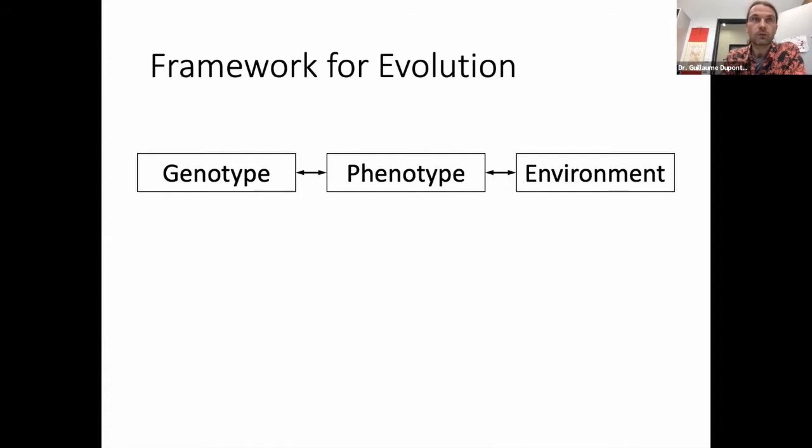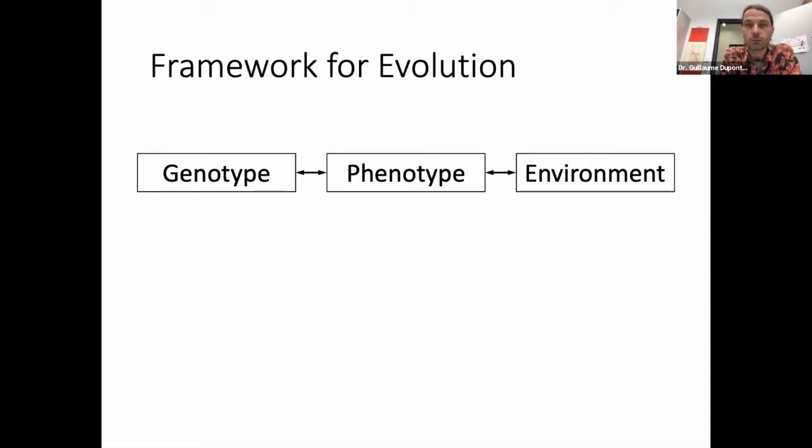We've seen this framework on evolution, and we've talked quite a lot about what constitutes the genotype, how the genetic code is translated to a sequence of amino acids which produce proteins, and proteins are one of the components necessary to produce a phenotype.